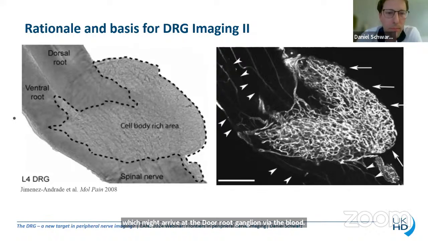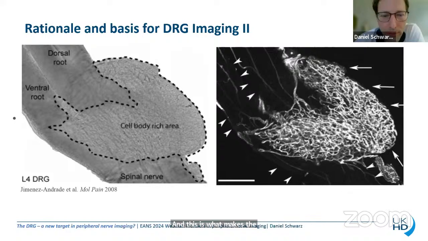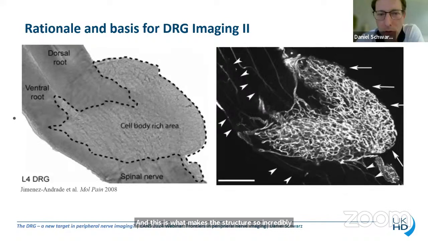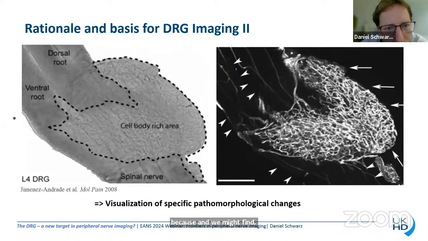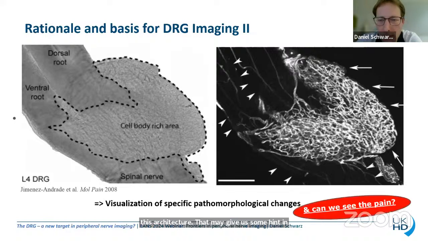And this is what makes the structure so incredibly interesting in terms of diagnostic imaging in general, because we might find specific pathomorphological changes which are connected to this architecture that may give us some hint in terms of pain sensation. So the important question, of course, in the end is, can we see the pain?